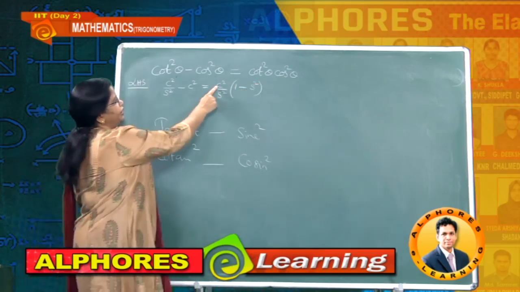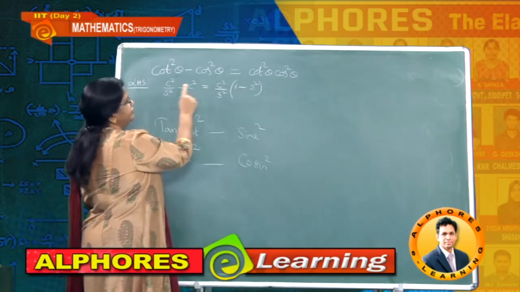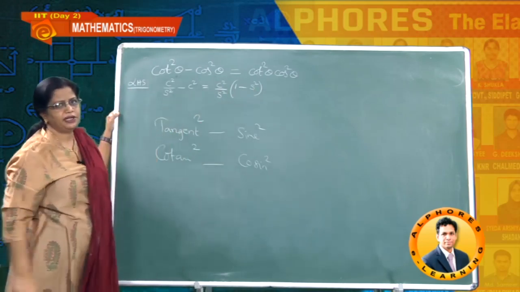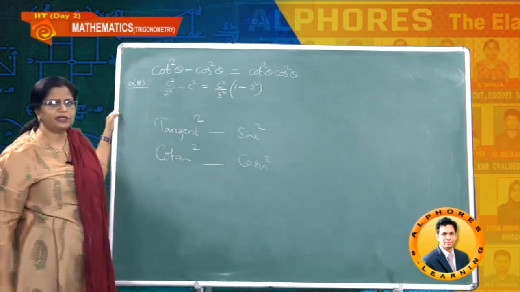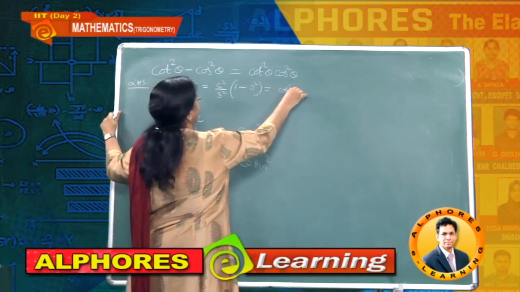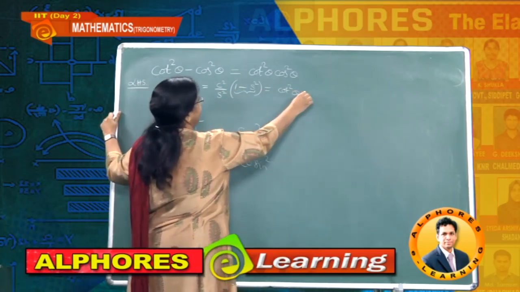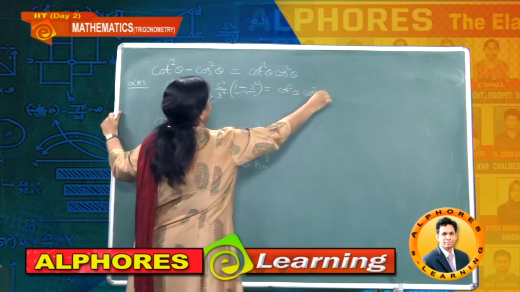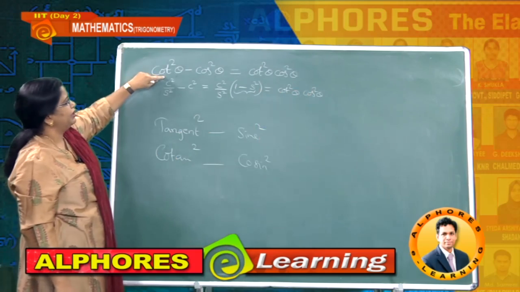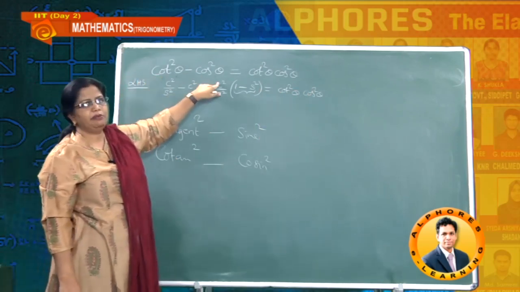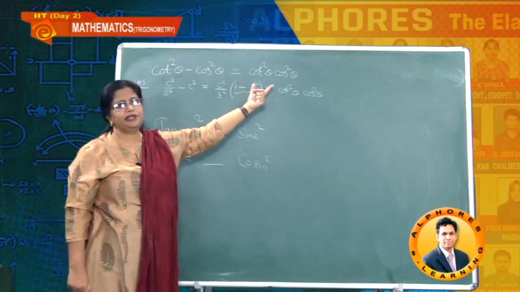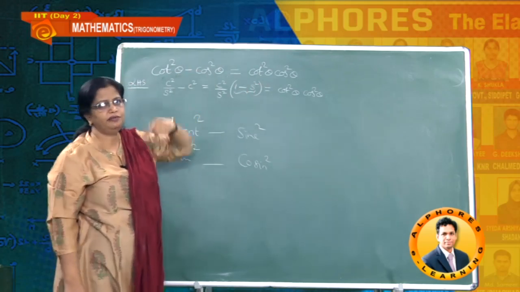Now you multiply cos square divided by sine square into this, sine square gets cancelled, and thereby you get cos square again. So this value is cot square theta (1 minus sine square), which is nothing but cos square theta. So this is the importance of the formula: cot square minus cos square, the difference of these two values, is the same as the product of those two values.